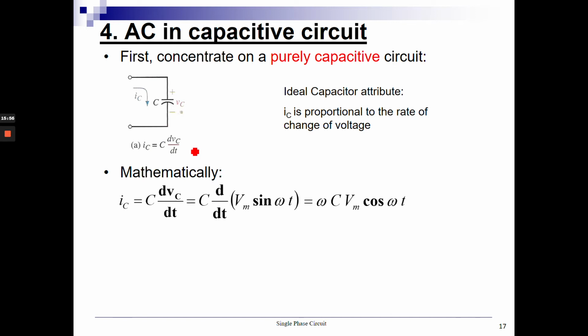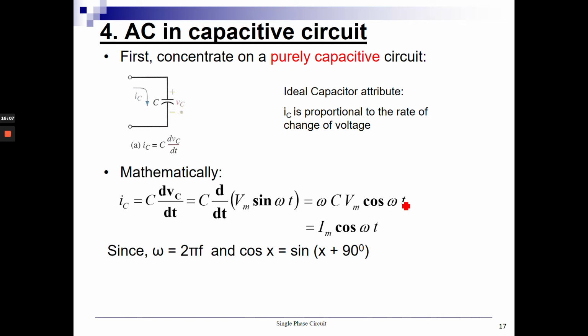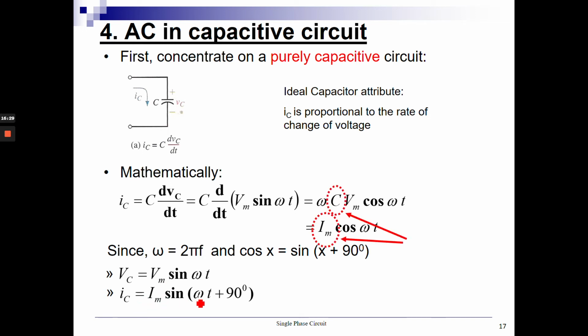So this is the mathematical solution. How we will get IC equal to Im cos omega t, or IC equal to omega C Vm cos omega t. So apply the same concept as in the inductive circuit. So you will get VC equal to Vm sin omega t, and then IC equal to Im sin omega t plus 90.